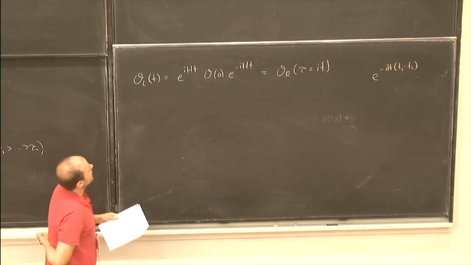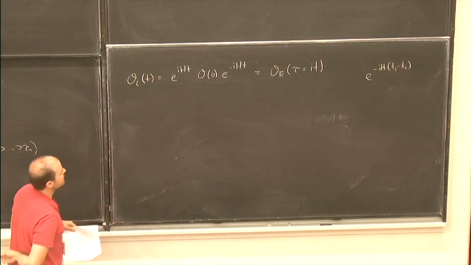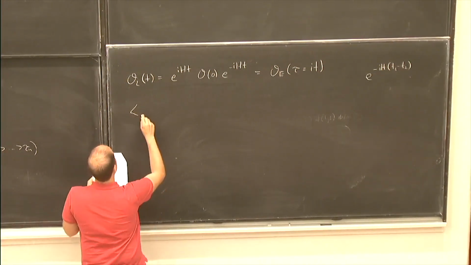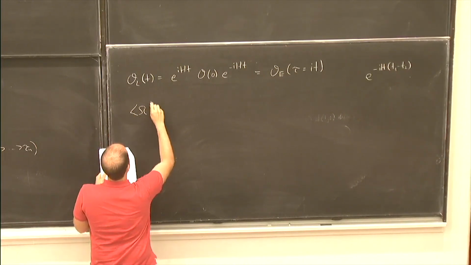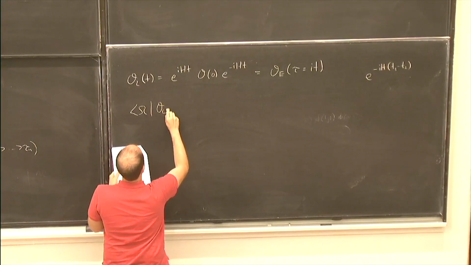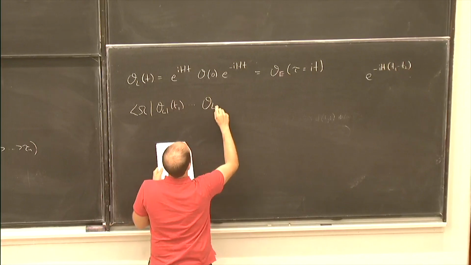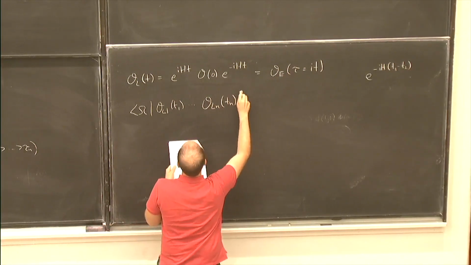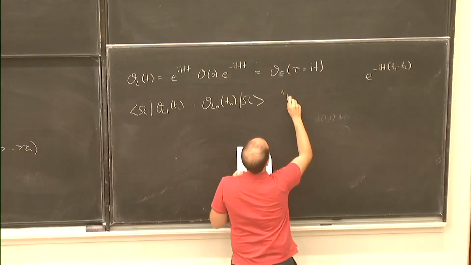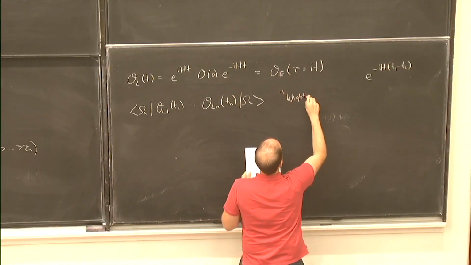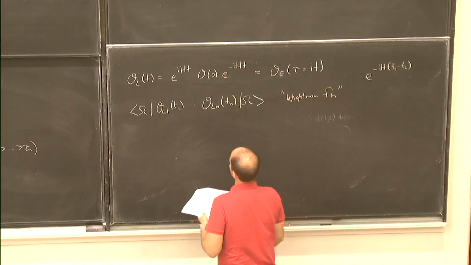OK, so now in Lorentzian signature, you can consider a much bigger zoo of correlation functions. Because we can now, for example, consider a Wightman function. A Wightman function just means a correlation function.